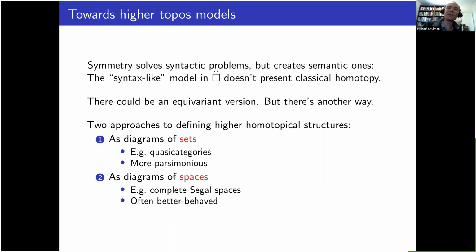And here by spaces, I mean simplicial sets, which are, as I said, better behaved than anyone could expect. When we talk about complete Segal spaces as one model for infinity-1 categories, we take simplicial spaces, meaning simplicial sets, and we impose categorical conditions on those. That's often better behaved as a model category theory. So I want to do something similar here.